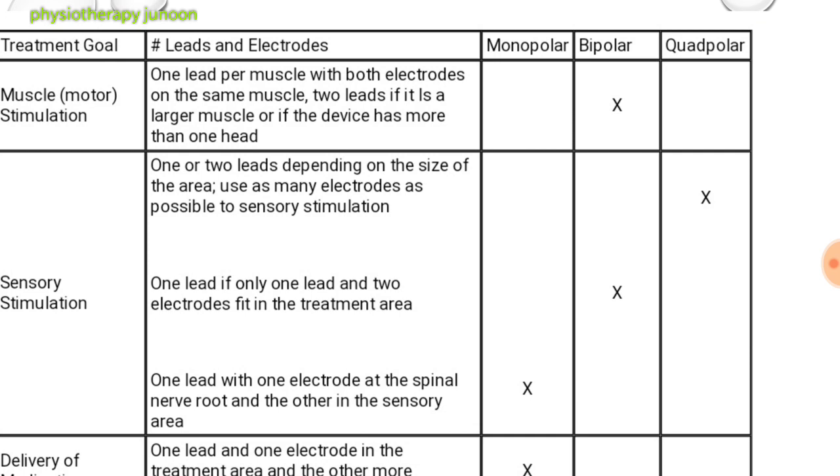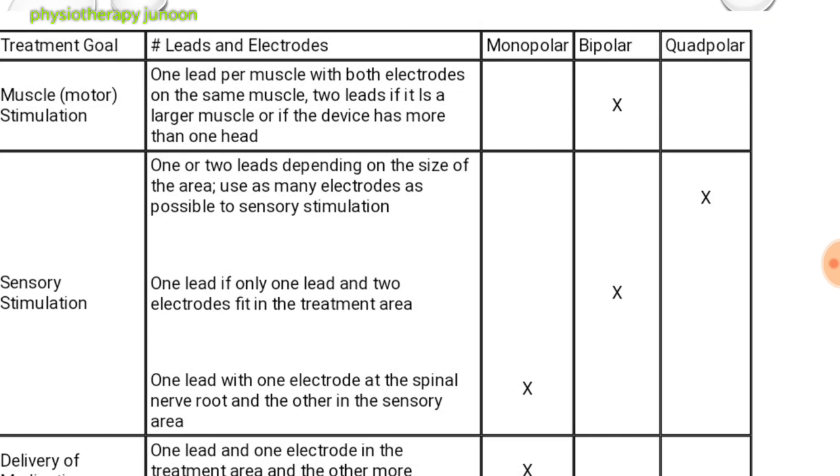For motor stimulation, muscle stimulation is our treatment goal. Leads and electrodes: one lead per muscle with both electrodes on the same muscle. Two leads if it is a larger muscle or if the device has more than one head.